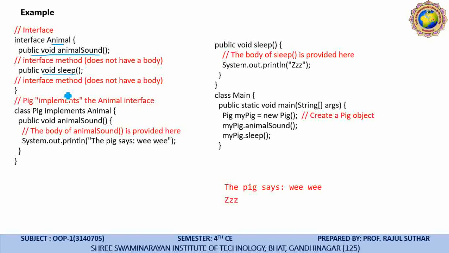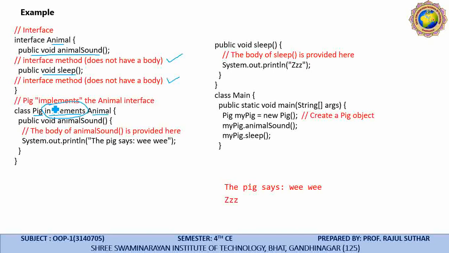These are the bodies of the first and second methods. Then for the implementation, we are using one class, the Pig class, that implements Animal, meaning the superclass is Animal. We derive the public class, the subclass, that is the Pig class. So we only use the implements keyword here.